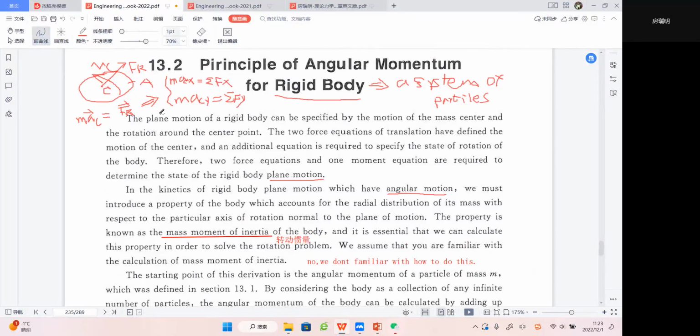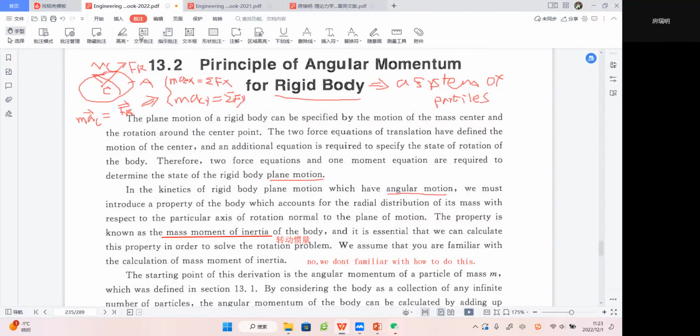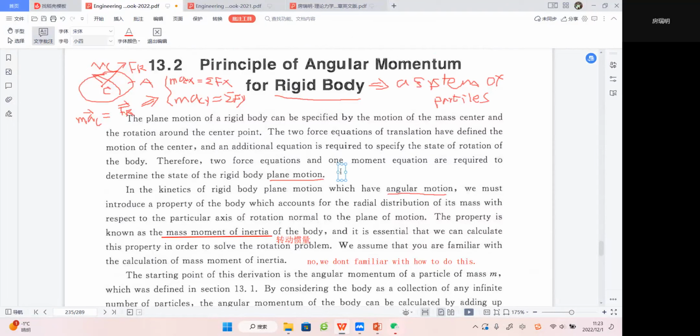That's the motion superposition. In Chinese, maybe I can write here, 运动叠加原理. I think it means the principle of motion superposition. This is the principle of superposition we will always use. It's very useful.